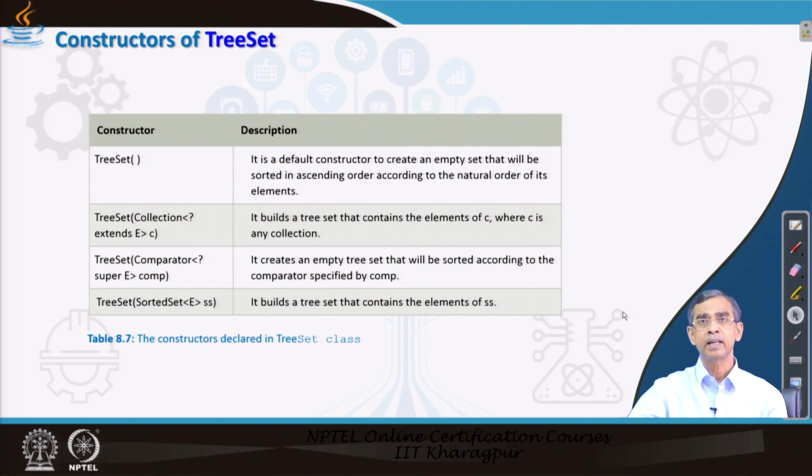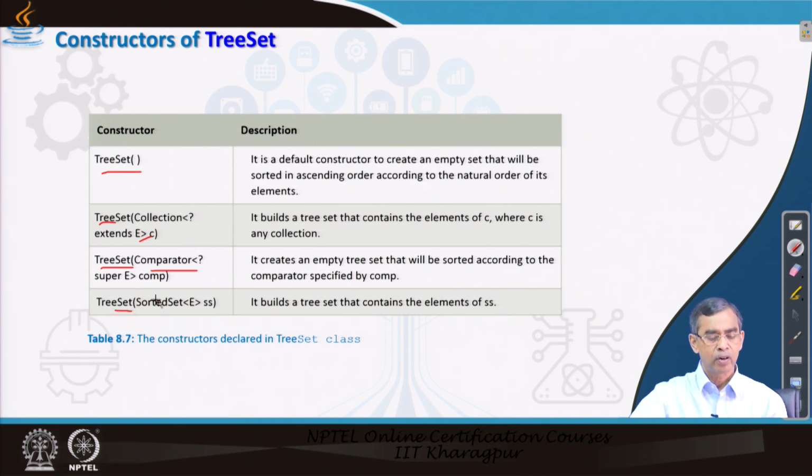If you want to create a collection following the tree set form, these are the constructors: this is the default constructor, and this is the constructor taking a collection, which means if you want to create a tree set collection using an existing collection of any type. And since this is a tree set, it needs to be stored in a sorted fashion, so one comparator needs to be defined and given as an input, by which you want to store the elements in the tree set collection.